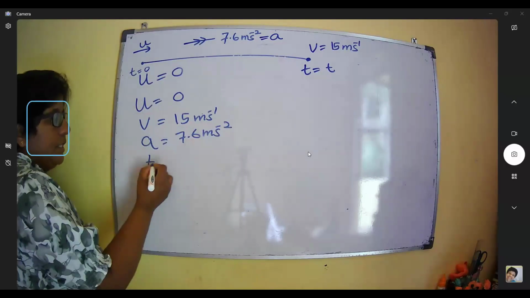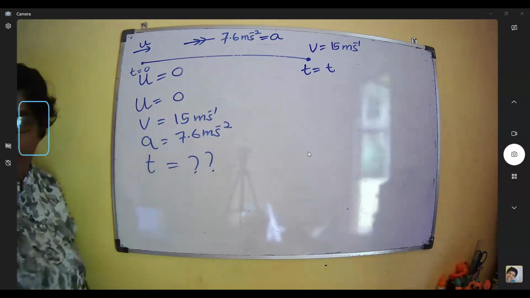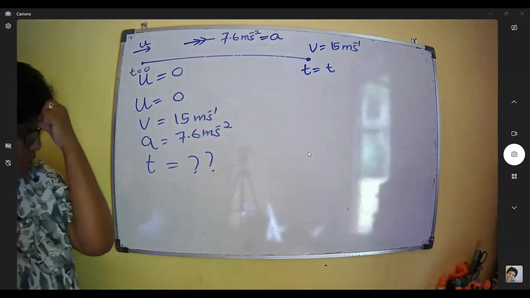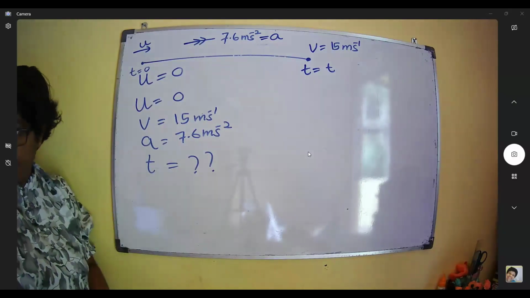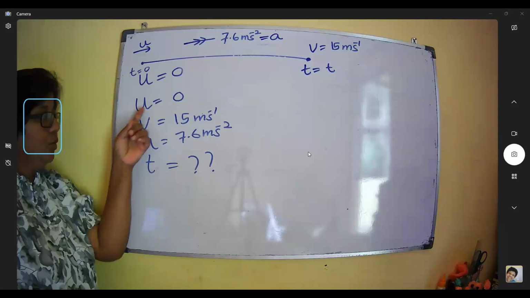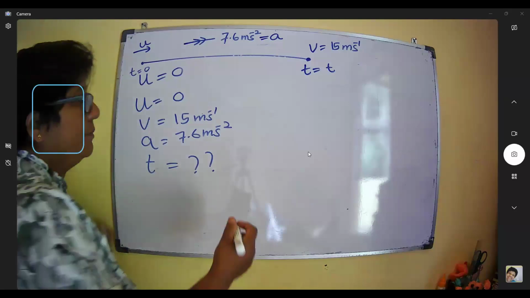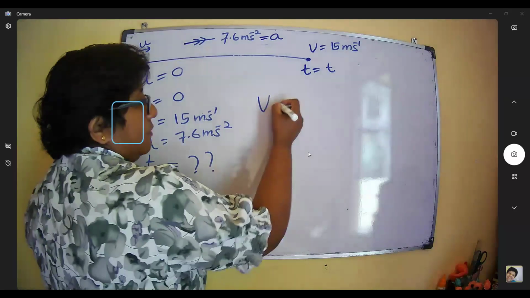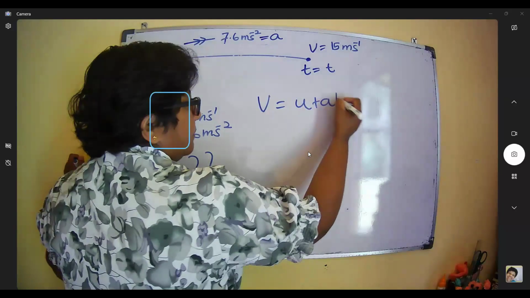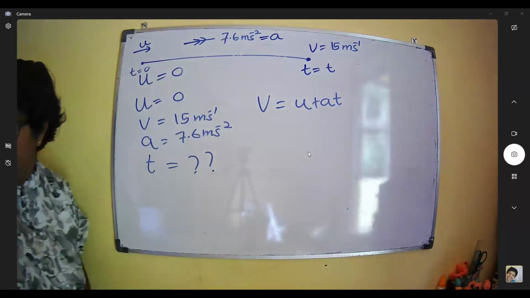Now find t. The unknown value is t. What equation can we use here? We have u, v, a and t. I'm taking v equal u plus at.